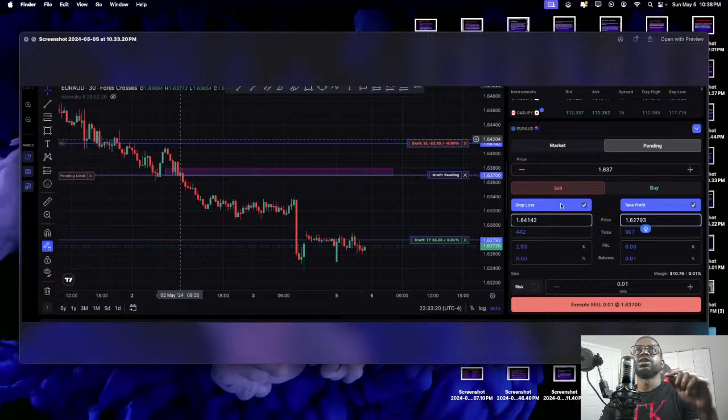From here, on the side we have stop loss. These are the numbers that you enter in. Same thing for take profit. And after you enter those in, let me know. Yeah, that'll definitely be tough from the phone.